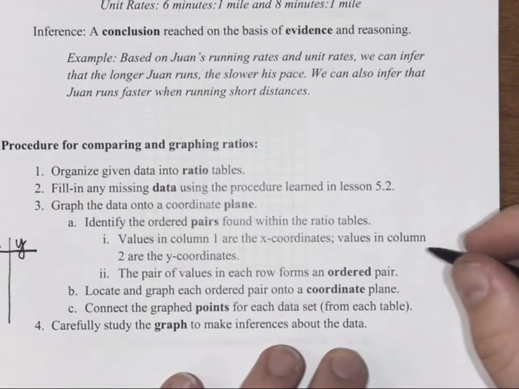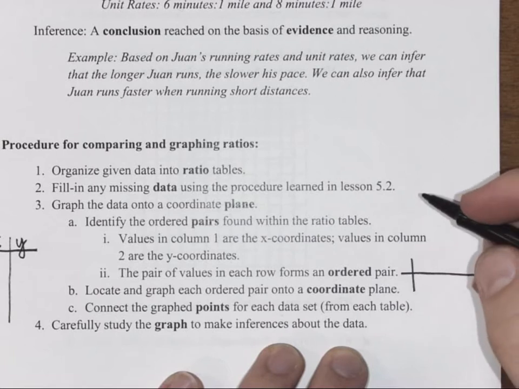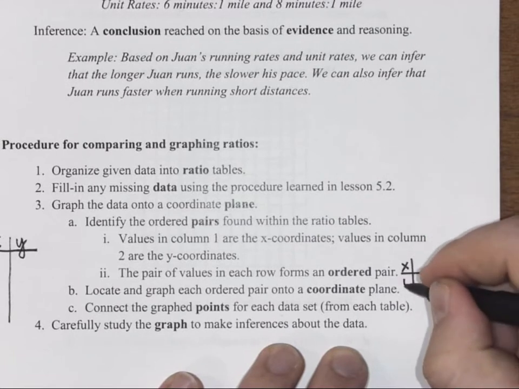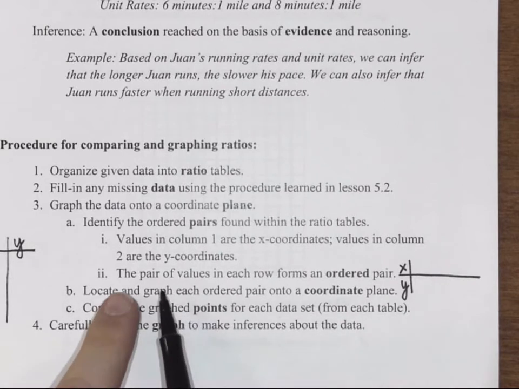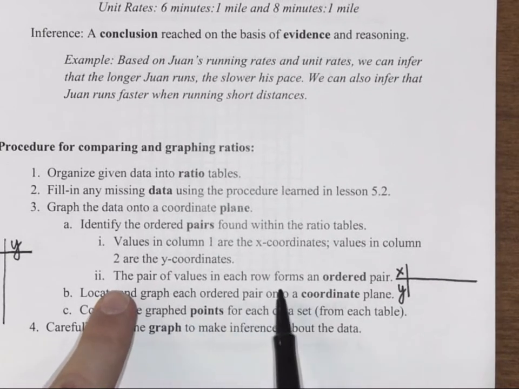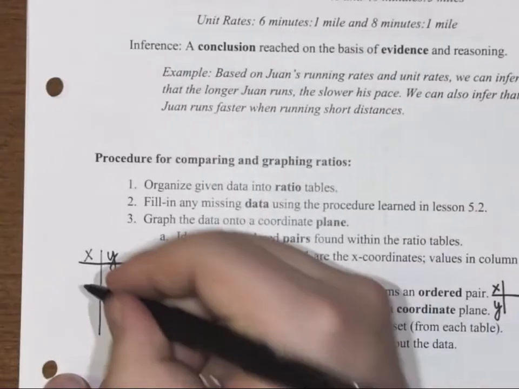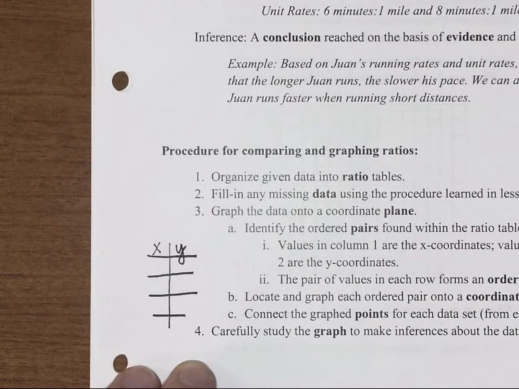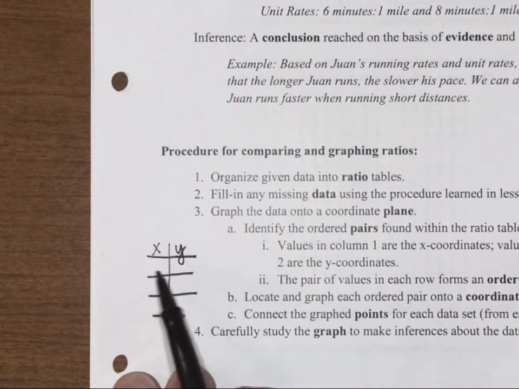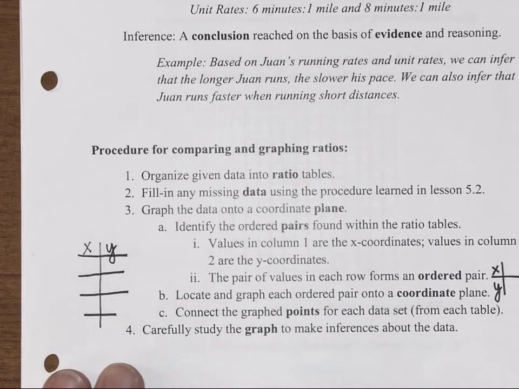If your table goes sideways, then you may have your x value on top and your y value on bottom. Then it says the pair of values in each row forms the ordered pair. So for example, if we have our table that looks like this, the values in each row will make up your ordered pair, your x and your y, that will be graphed.